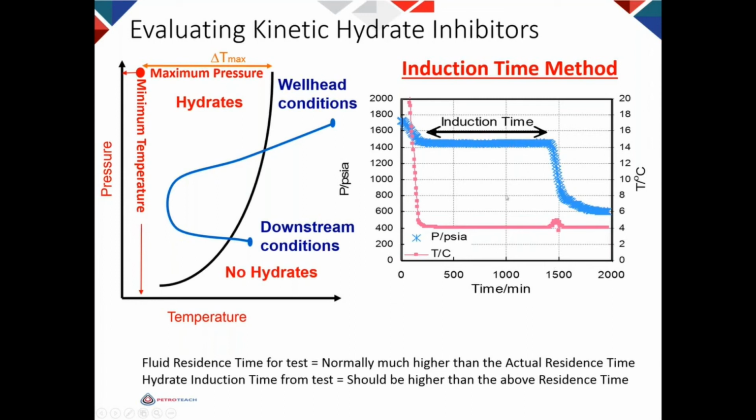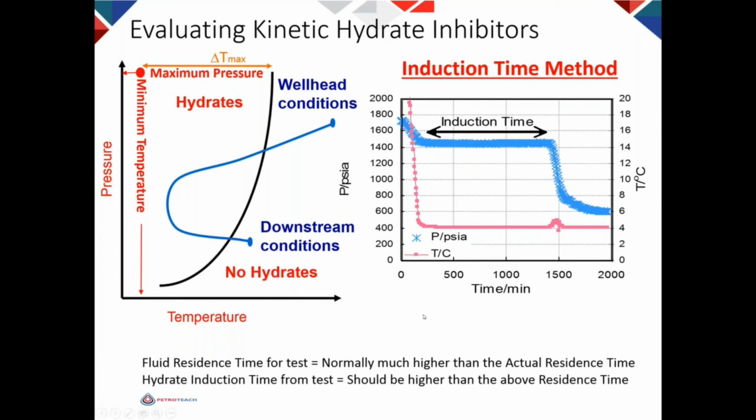From 200 to 1400, so 1200 minutes of delay in hydrate formation. That is around 20 hours. So if the fluid moves outside the hydrate phase boundary within 20 hours, it doesn't form hydrate.